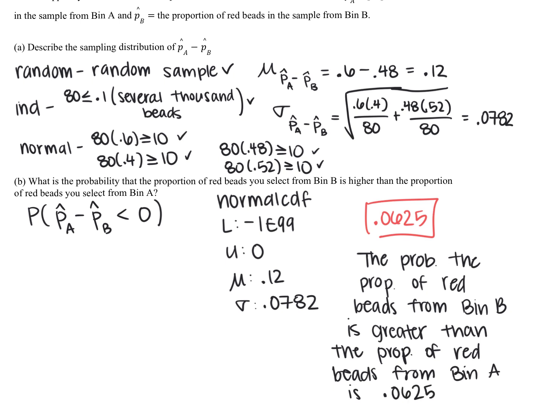So it's not very likely that the proportion of red beads from bin B is greater than the proportion of red beads from bin A.